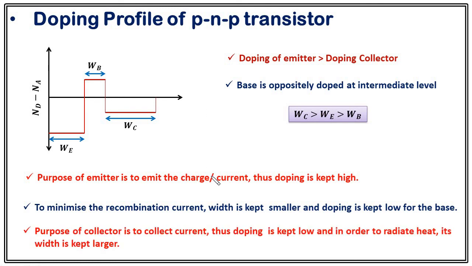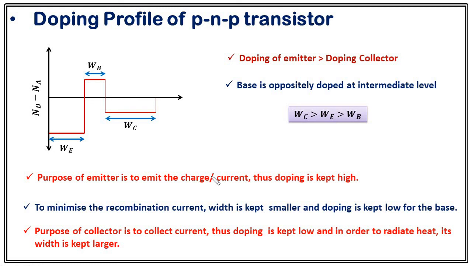What was the purpose of the collector? The purpose of the collector is to collect current, and in order to do that, we have to keep its doping low. If we are dealing with an NPN transistor, then the electron coming from the emitter via the base is entering into the collector. If the collector were of the same level of doping, the electron would not have a concentration gradient. We should create a concentration gradient so that the electron can diffuse from the base to the collector.